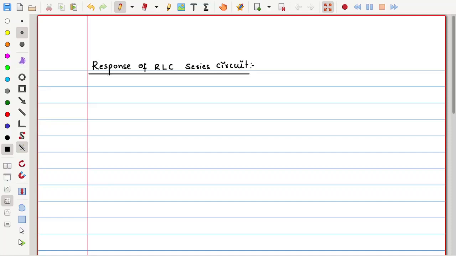Right. So let us see the response of a series RLC circuit, in which we take a resistor, an inductor and a capacitor, three elements connected in series like this. Let me take the resistor, whose value is capital R, connected in series with an inductor whose inductance is L, but whose impedance in the frequency domain is jXL.